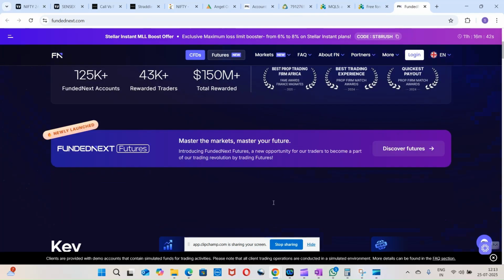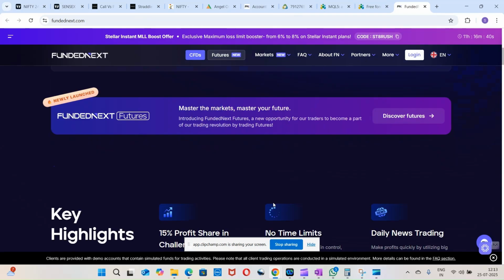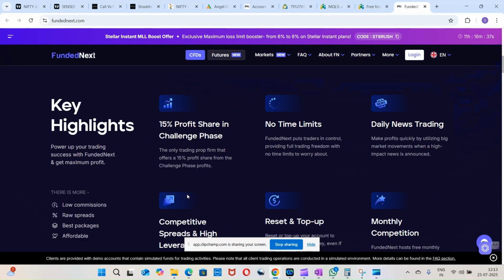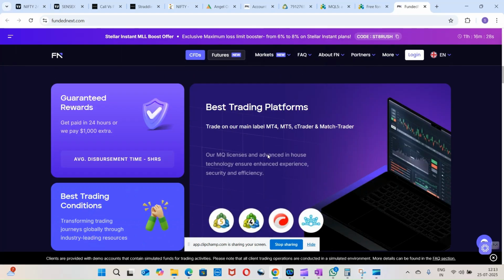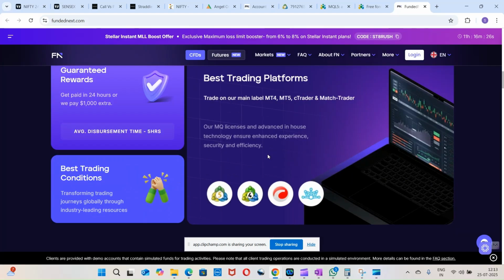I'm basically looking at how this works. Okay, so even during the challenge phase they'll give you 50%, and news trading is allowed, and spreads are good. Monthly competitions are there. Okay. They give you good platforms also like MT4, MT5, cTrader, and Match Trader.